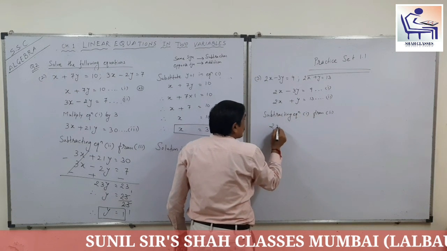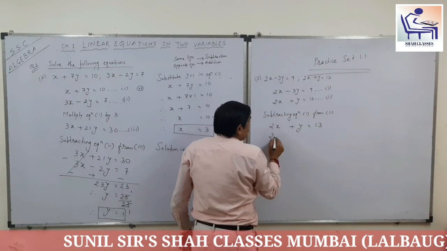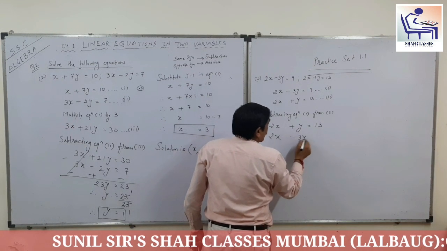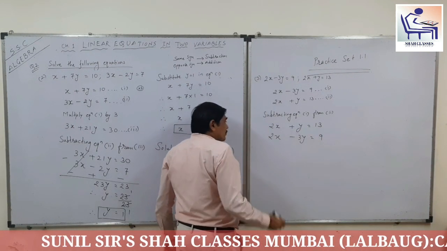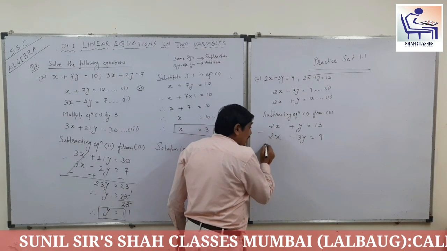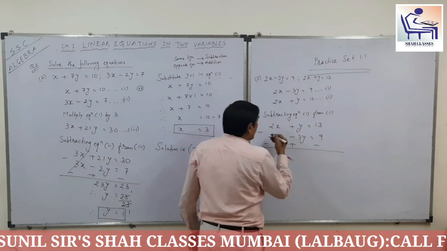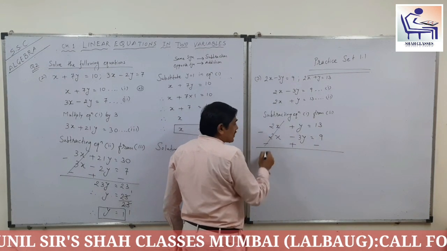We will write equation 2 first and then now we have to do the subtraction. So we will change the sign. Okay, so 2x minus 2x gets cancelled.